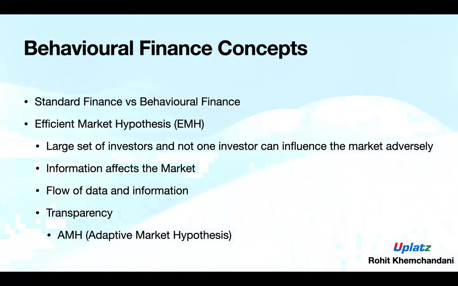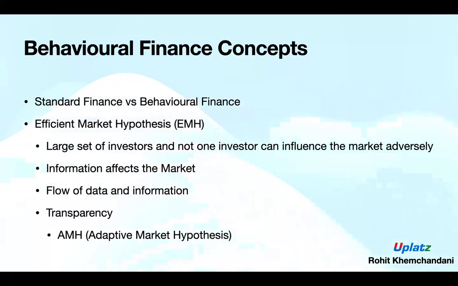I cannot predict anything. I cannot think that finally the price will go up or the price will go down. Should I hold the stock? Should I leave the stock? So EMH says that I cannot do anything.